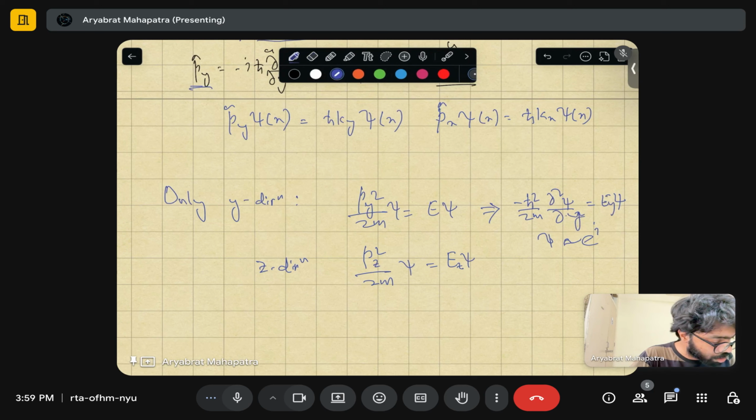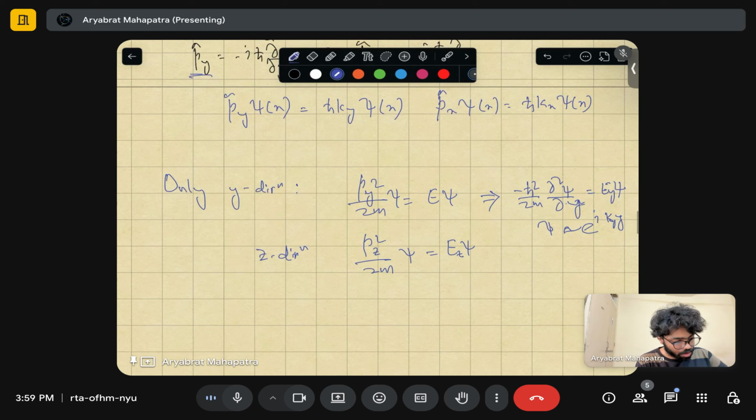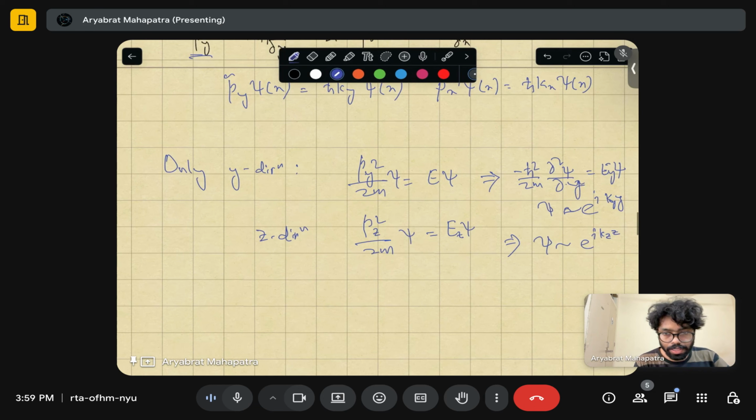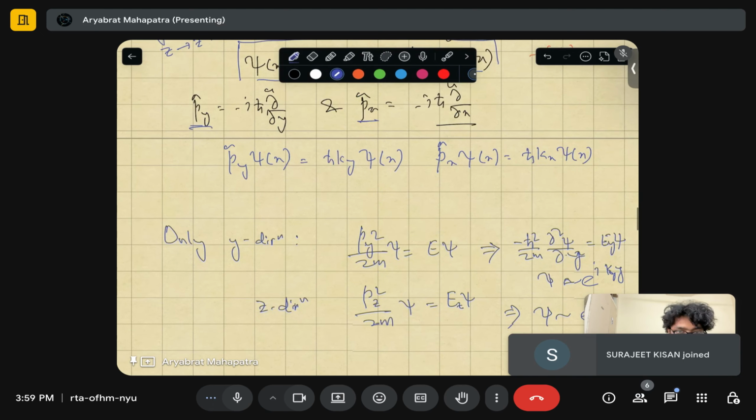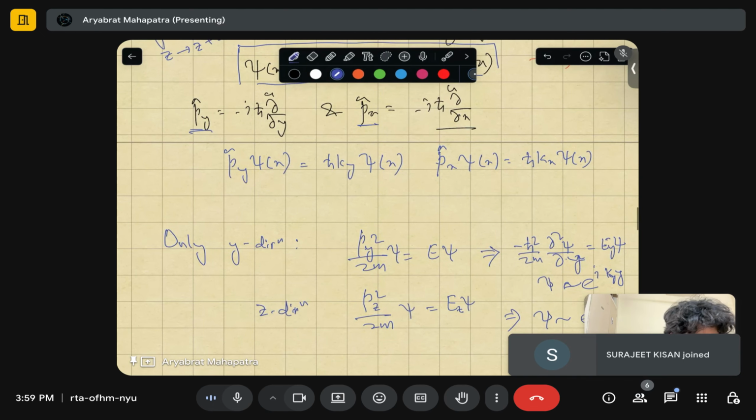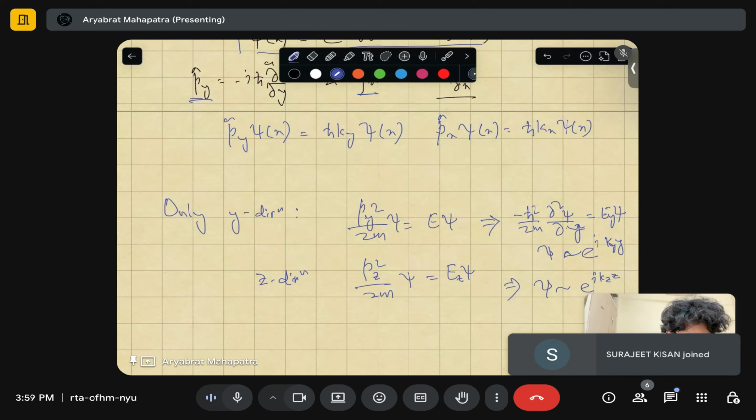Similarly for z, this gives exponential of i kz z. So these are basically your plane wave type solutions.